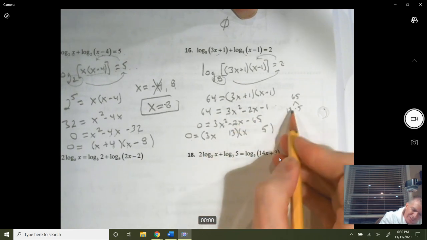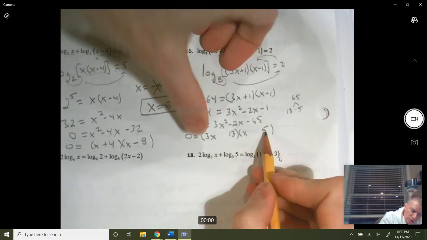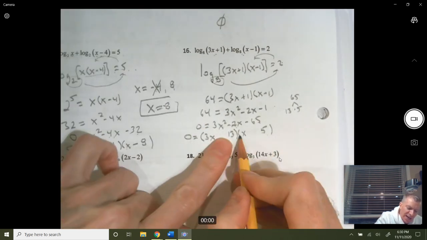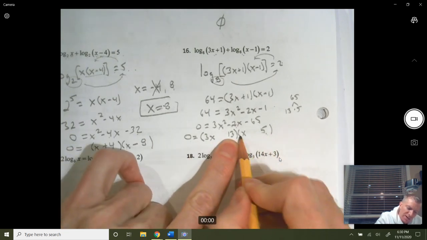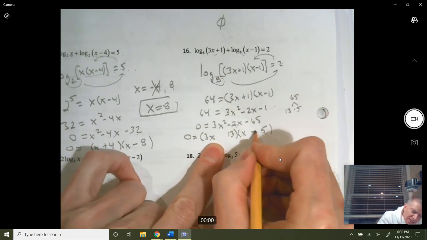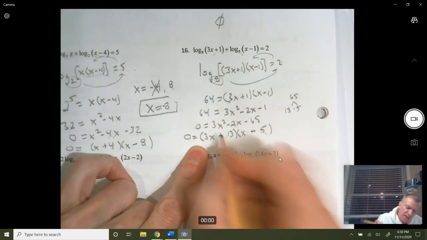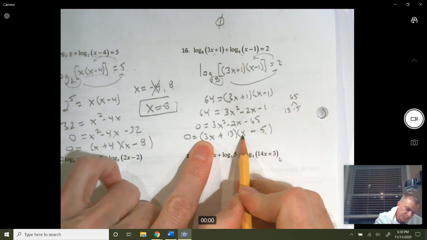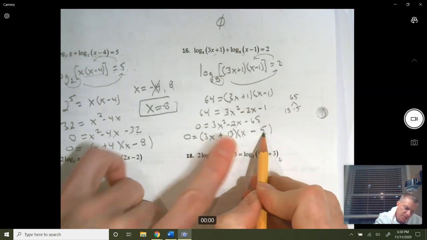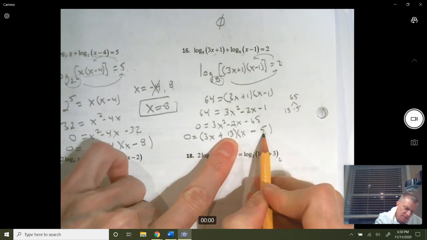Remember, we can't really worry about this yet because the outers and the inners have to add up to that. So the outers multiply to 15, the inners multiply to 13. So if we have negative 15 and plus 13, that actually works, doesn't it? 3x squared minus 15x plus 13x gives you minus 2x minus 65.